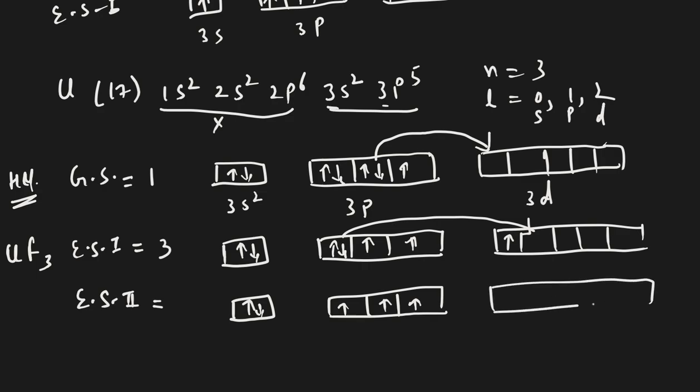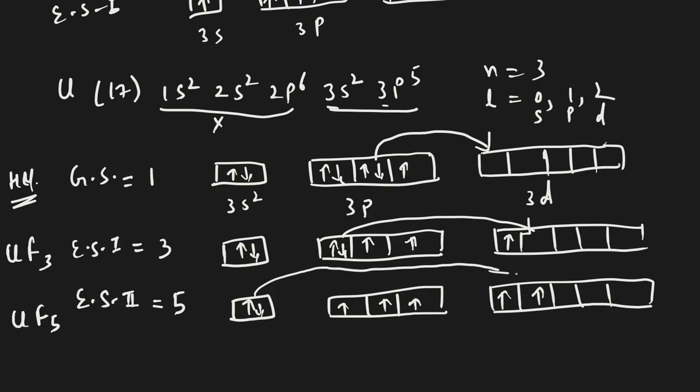So in the d orbital we have 1, 2. So 1, 2, 3, 4, 5. 5 unpaired electrons are there. That is why 5 covalency is also possible. An example is ClF5. And then another possibility is also there. The electron from the 3s can also move to 3d. So that is also possible.